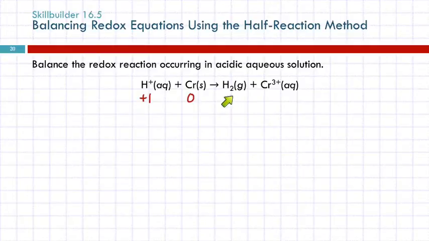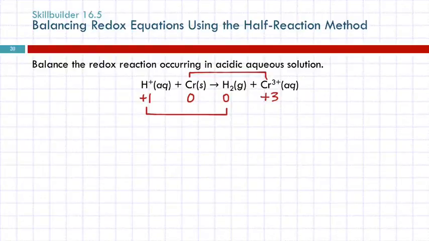Here we have H2. What's the oxidation state? 0. It's an element. How about Cr3+? +3. Monatomic ion. So the hydrogen, the H+ and the H2 obviously are going together, and the Cr and the Cr3+ are going together.